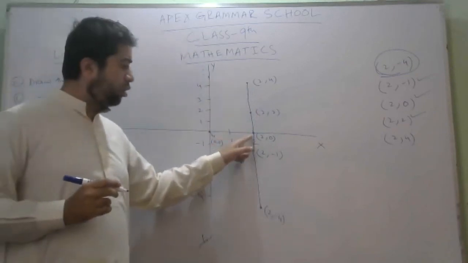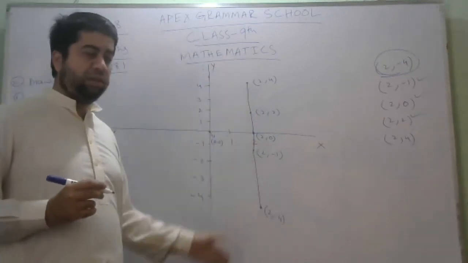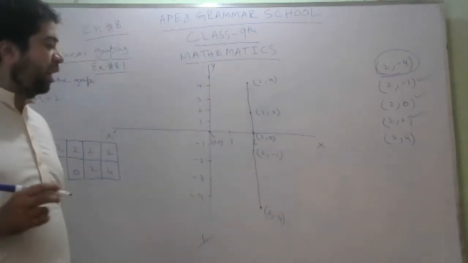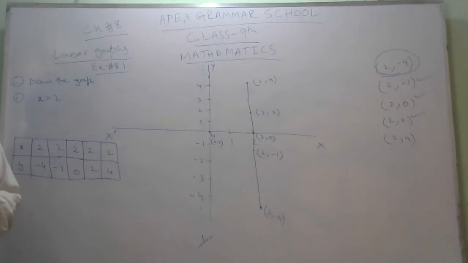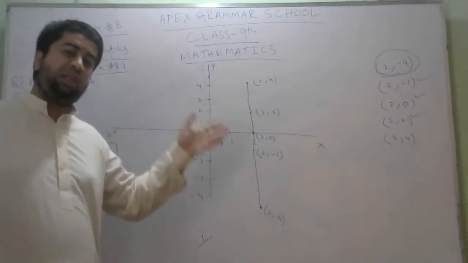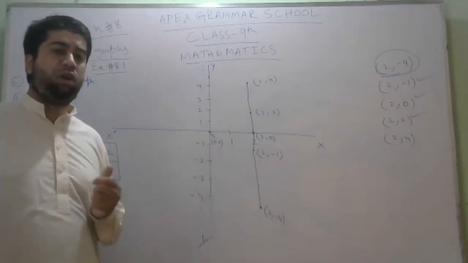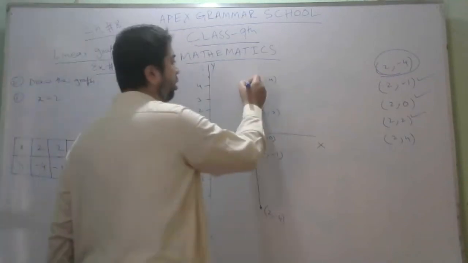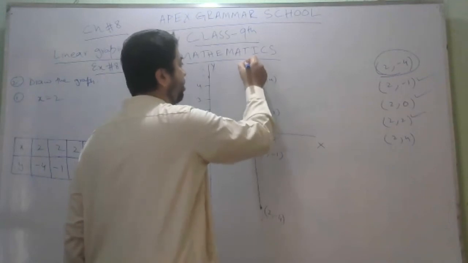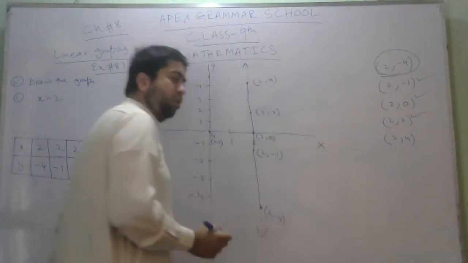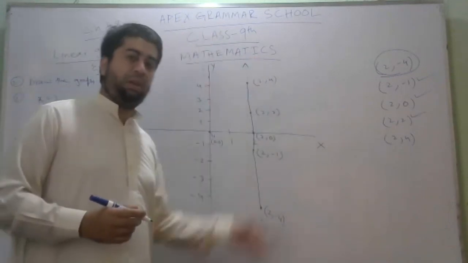At point 2, you need to draw the straight line. But this line, till this point, is not confined to these points. These can be any points, so you need to make it extend upside and downside. You need to say this line can be extended.